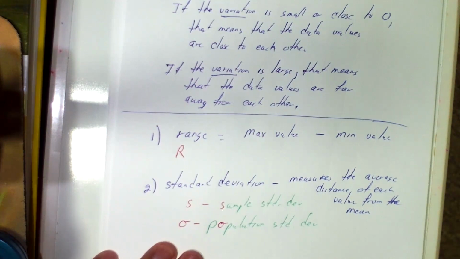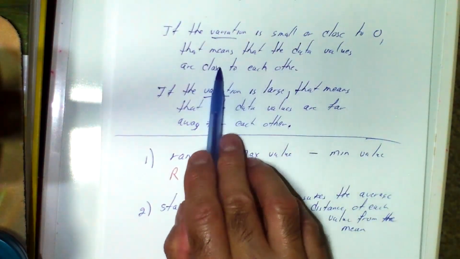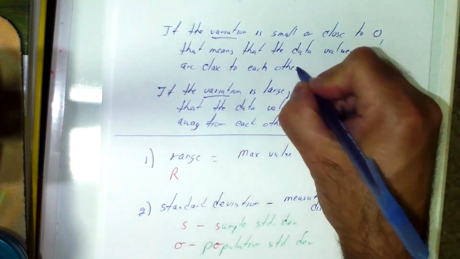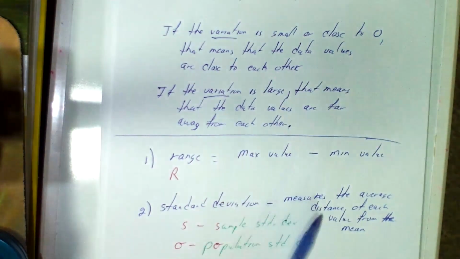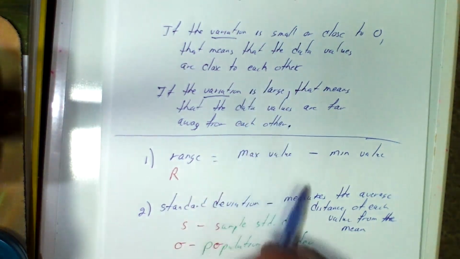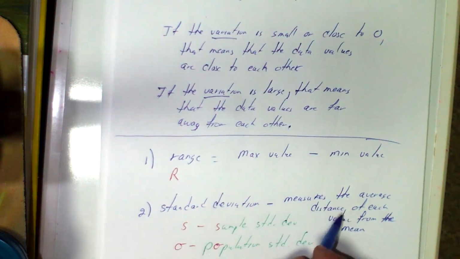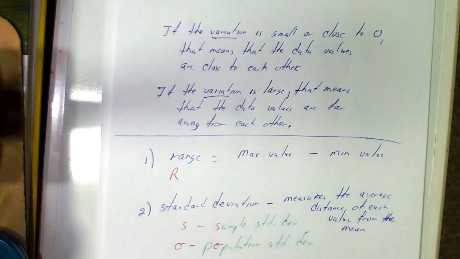And again, if that number is close to 0, that means the values are close to each other. If that standard deviation is large, then the numbers are spread apart. So that's a very important concept to know in the science field, and for you nursing students and doctors, a very important measurement to know when you're doing research. So that's standard deviation.